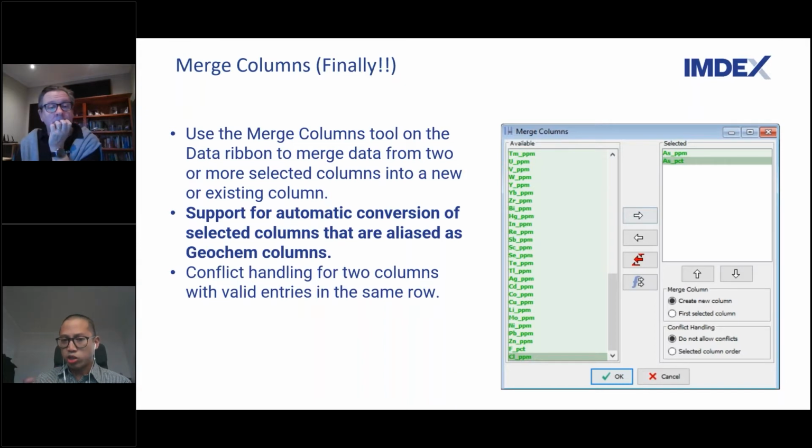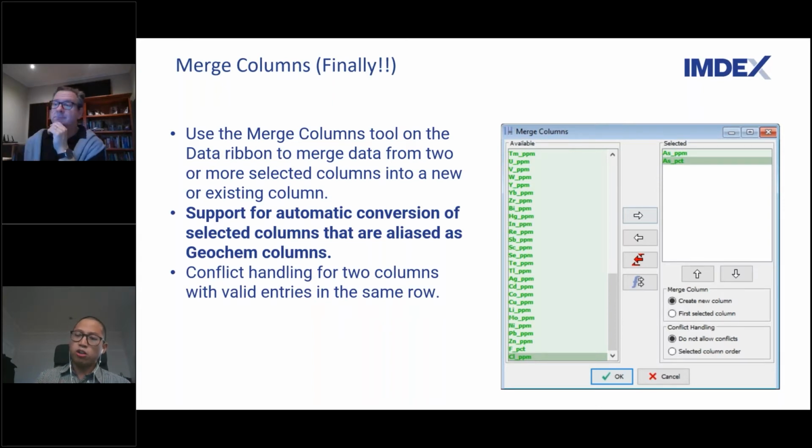So if you're merging two alias geochem columns, it will actually support automatic conversion of those geochemical columns. In that screenshot there, you see arsenic in ppm and percent. So essentially, if you have data that's in percent but not in ppm, and you want to merge the content of the percent column into the ppm column, it's going to do the automatic conversion into the unit of the first item in that list under selected.